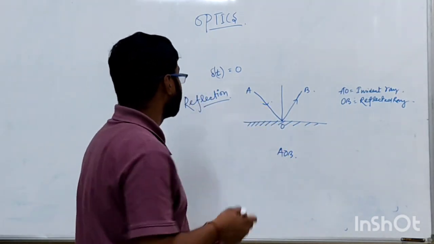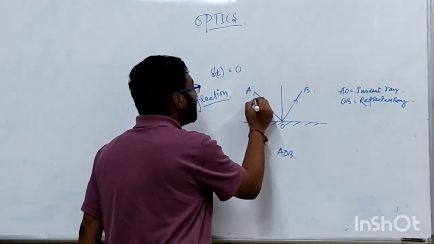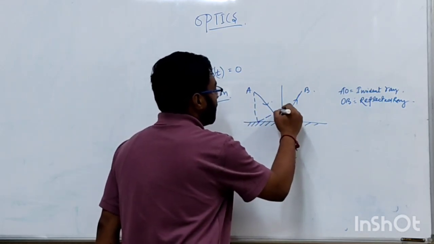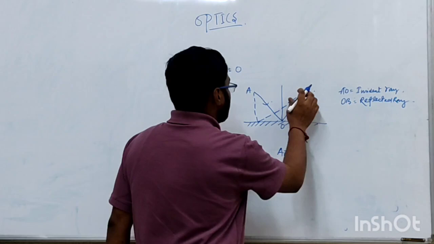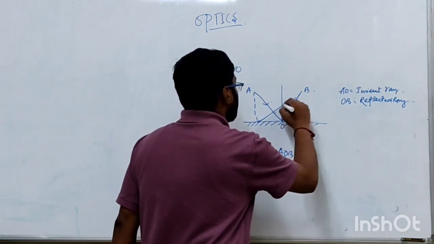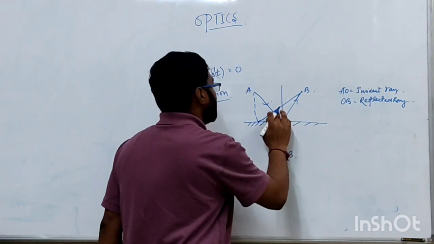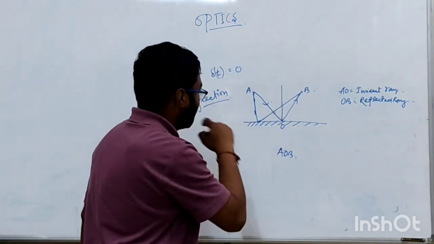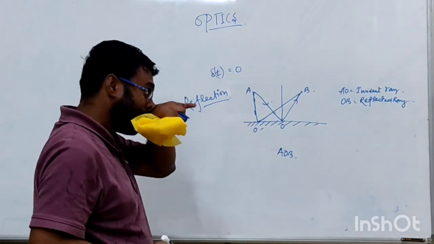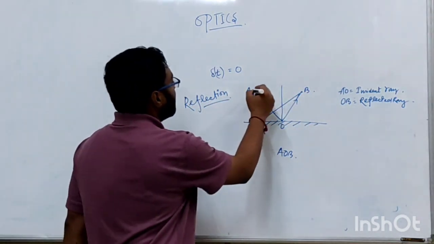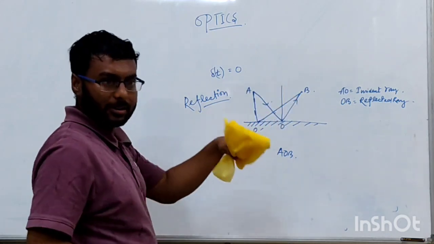So let us consider another path, A O dash B. We keep the initial point and final point constant.